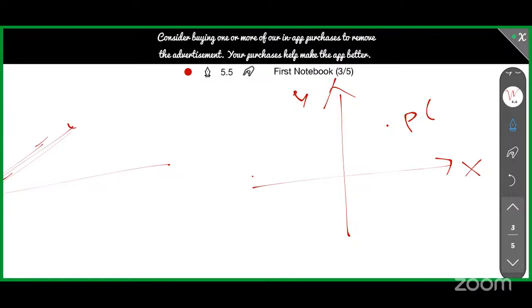How do you give a point in a Cartesian plane? The general point P is given by. Students, I'm asking only about the Cartesian plane, nothing else. Sir, x comma y, sir. Now, you waited so much time to say this answer. A general point in the Cartesian plane is given by x comma y.